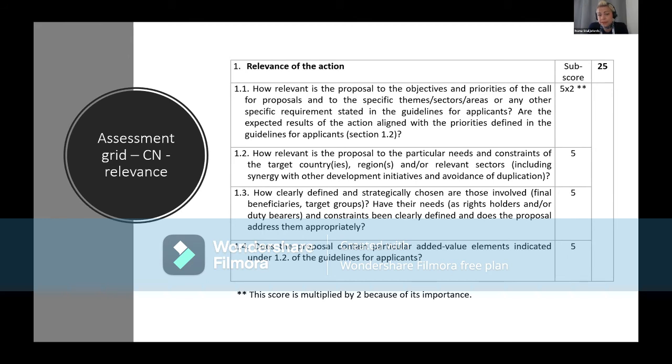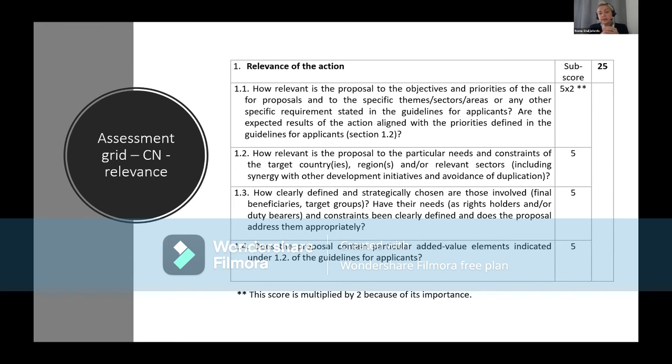Then the next subsection is how clearly defined and strategically chosen are those involved, meaning final beneficiaries and target groups: if you have addressed their needs and constraints, if you have clearly defined them, and if you address them appropriately. The maximum subscore for this subsection is also 5.